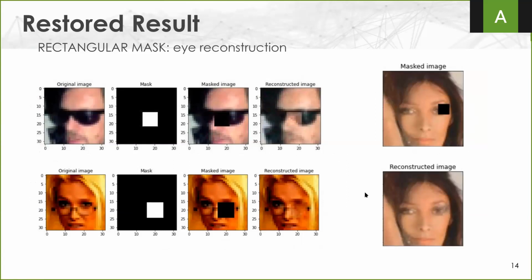However, if we need to reconstruct the whole eye, we can't do it. There were also some outliers, like sunglasses, represented here, which also couldn't be reconstructed well.